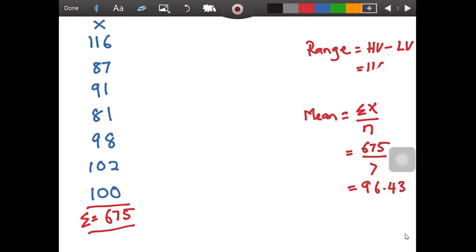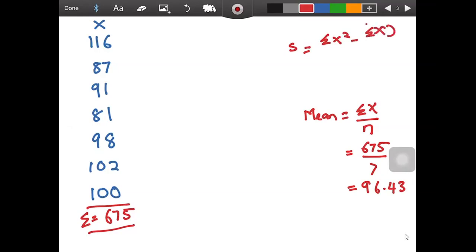Then saya padam range. The third one, standard deviation. Standard deviation or symbol is S. Sample standard deviation equals to square root of sum of x square minus sum of x in bracket square divided by n, divided by n minus 1.